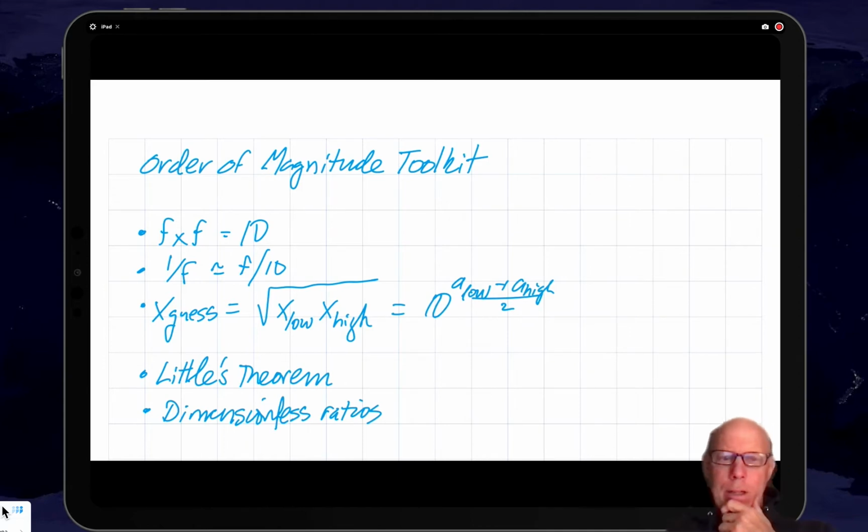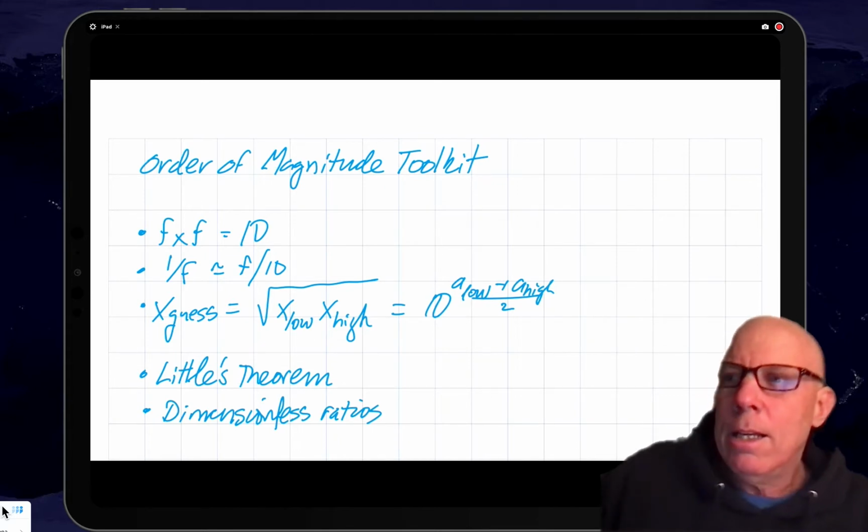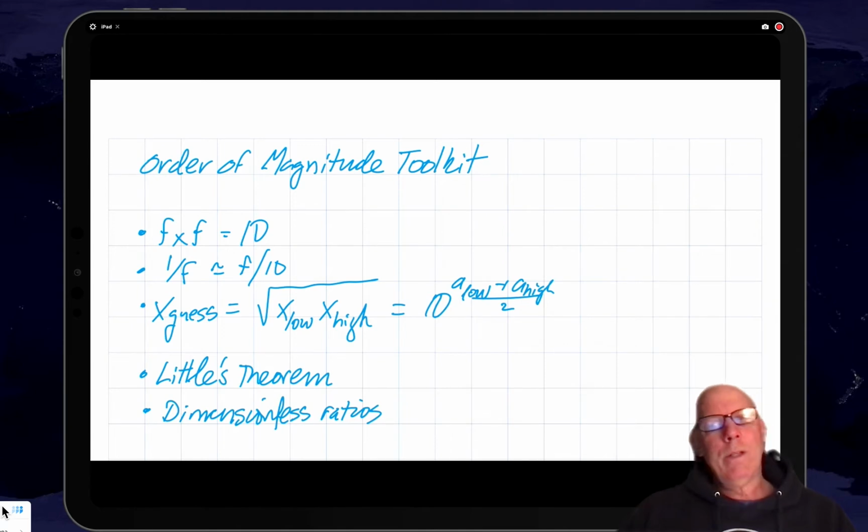So, what I'm going to do now is present you with a couple of tools that I think are very useful for doing the kind of order of magnitude thinking that is going to be central to the whole course, and indeed I think of as being central to the whole scientific enterprise.